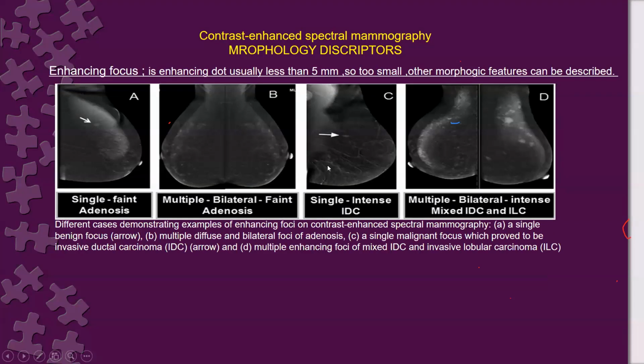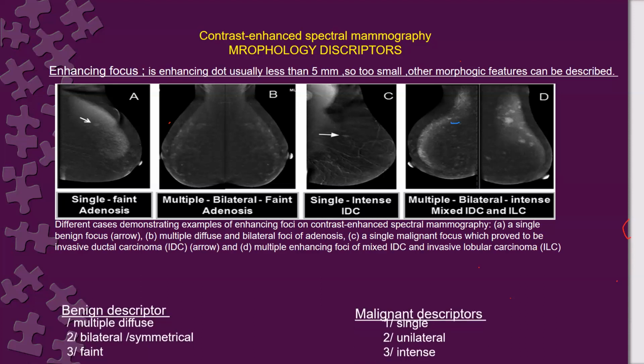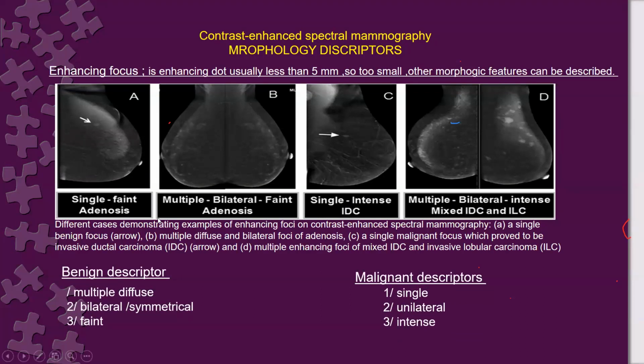So it depends on the focus, which is less than 5 millimeter, but whether it is faintly or intensely enhanced, single or multiple, new, or enlarging. Generally, if it is multiple, bilateral, symmetrical, and faint, these criteria go with a benign descriptor.